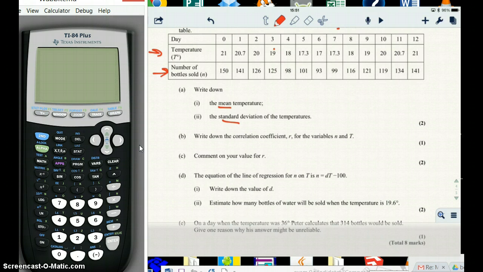Okay, well the calculator is going to do that for us, and since we're going to be doing other things like finding R, we should just put all the data into the stat edit. So we'll turn on the calculator.